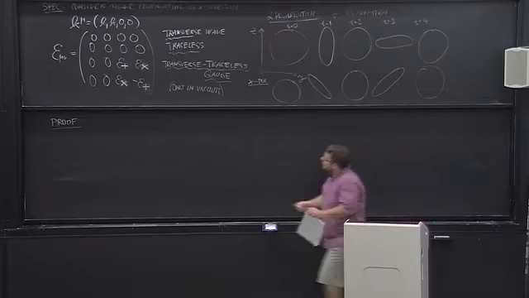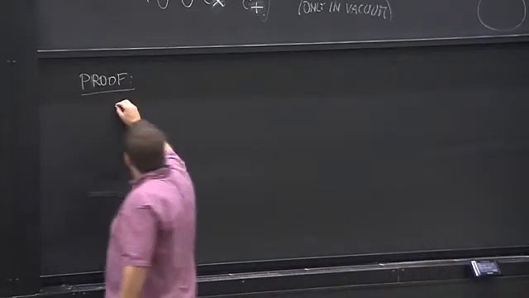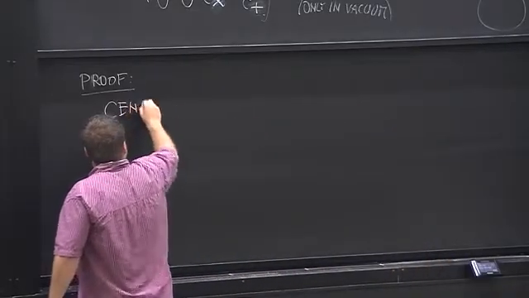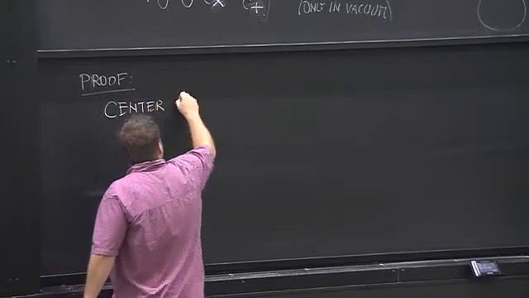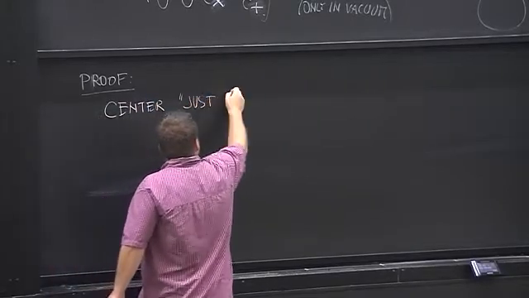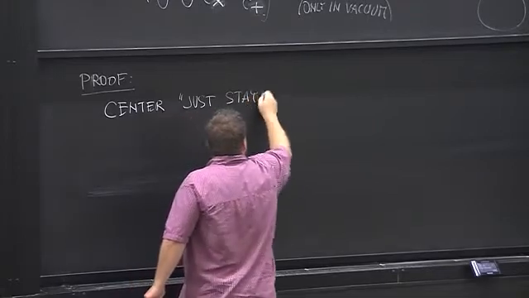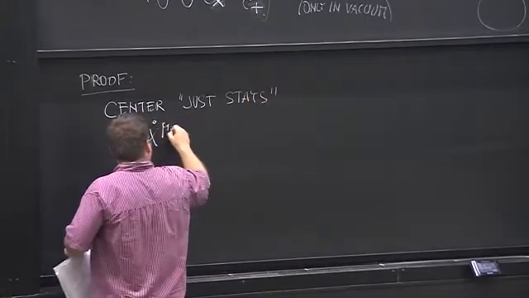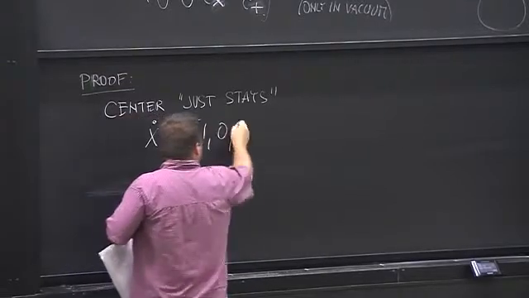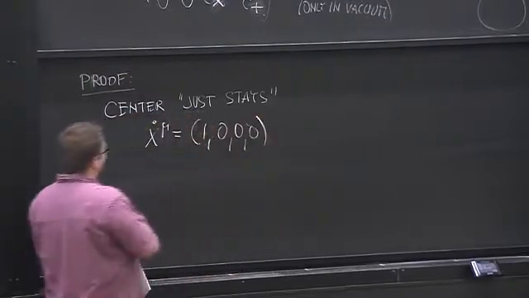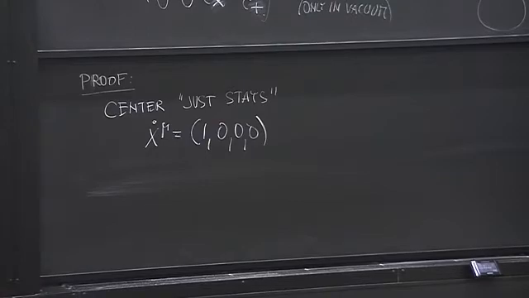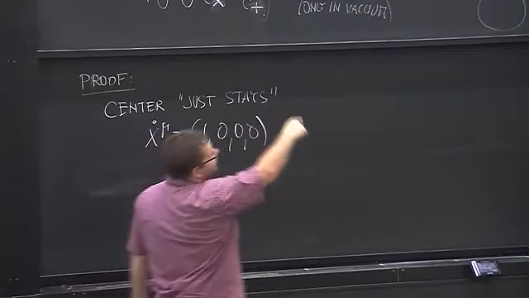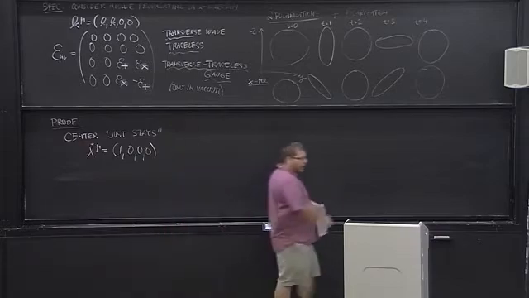It just stays. And so it has the velocity 1, 0, 0. So that's my center. It's just moving in time. It's not doing anything. And then I measure whatever is happening with my particles around this.